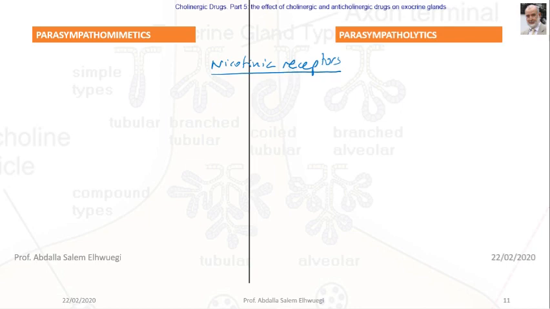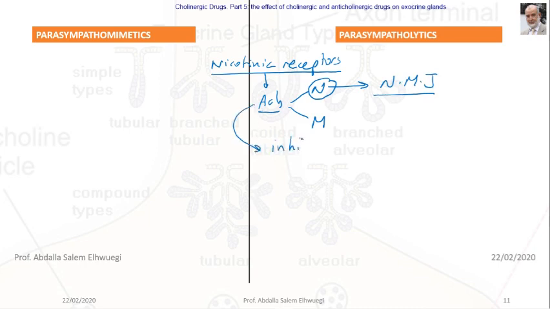So we expect that acetylcholine, which we know has nicotinic effect and muscarinic effect, will produce action at the neuromuscular junction. Okay? Or drugs which inhibit metabolism of acetylcholine, which are the anticholinesterases.